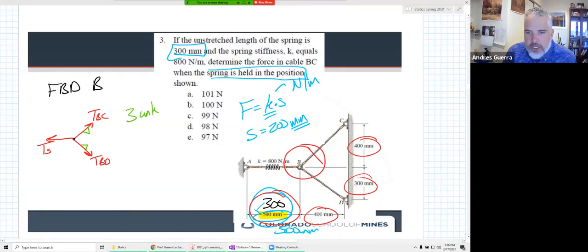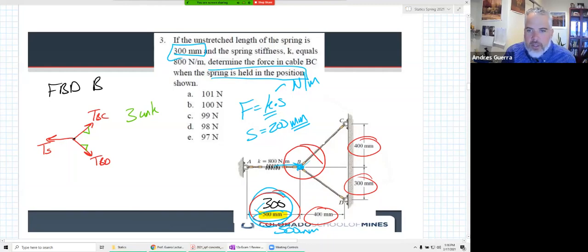If the spring was unstretched, it would be, well, this is point B. We can't really think about it that way, but basically it's saying it's only 300 millimeters long when the spring is unstretched, and so it wouldn't be attached to B, but then we stretched it out, we attached it to point B right here, and it gets to 500 millimeters long.